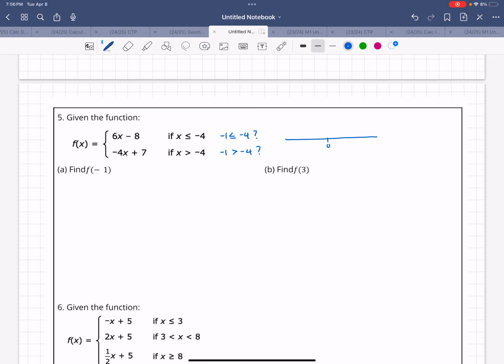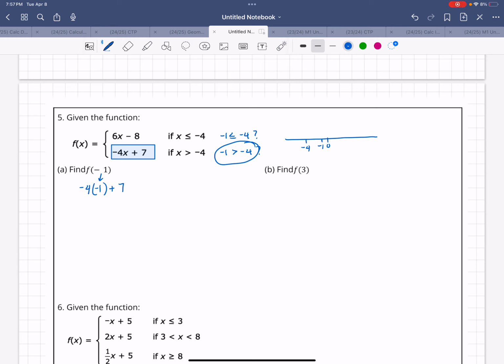Here's 0. -4 is on this side of 0, and -1 is a bit closer to 0, meaning that -1 is actually bigger than -4. So that means we're using this piece of our equation: -4 times, instead of writing x, I'm going to substitute in -1, plus 7.